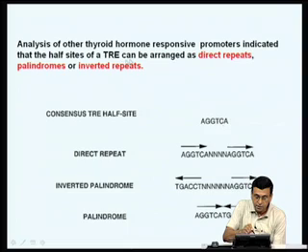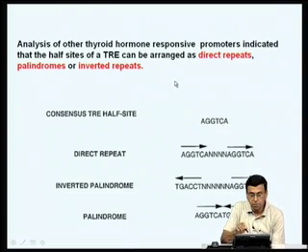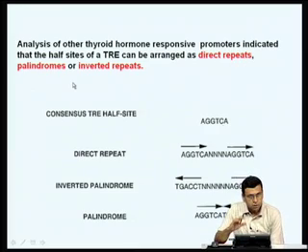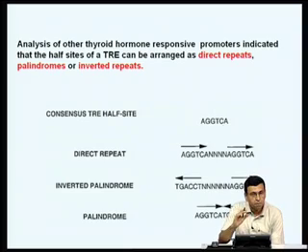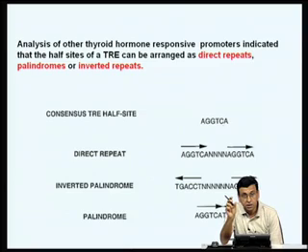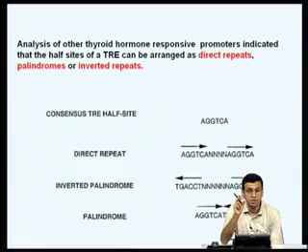So, analysis of other thyroid hormone responsive promoters indicated that the half sites of the TRE can be present either as direct repeats, palindromes or inverted repeats. But to avoid complications, just remember the most important observation, that the thyroid hormone receptor actually binds to promoters in which the AGGTCA motif is present as direct repeats separated by a 4 base pair sequence.